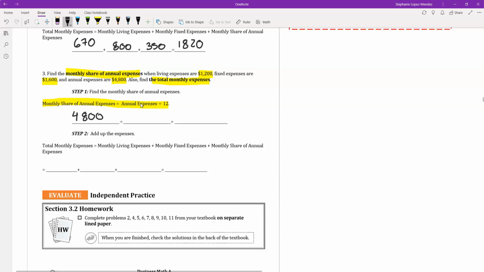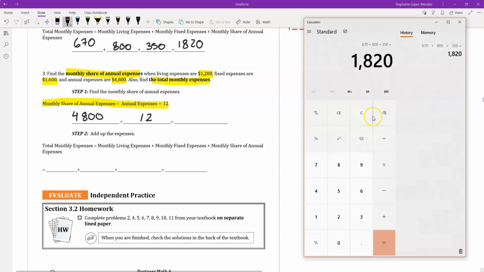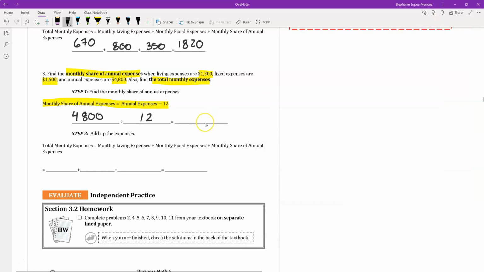Following this formula, we are going to divide it always by 12. When we do this, $4,800 divided by 12, we are going to have a total of $400, which is our monthly share of annual expenses.